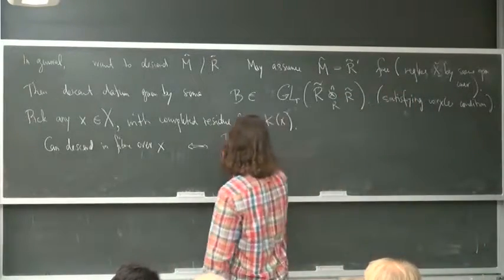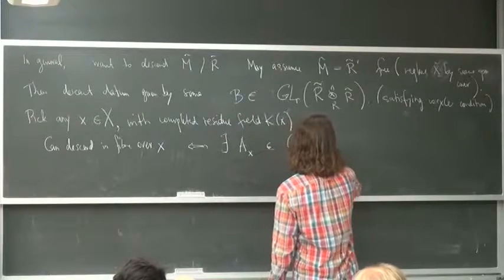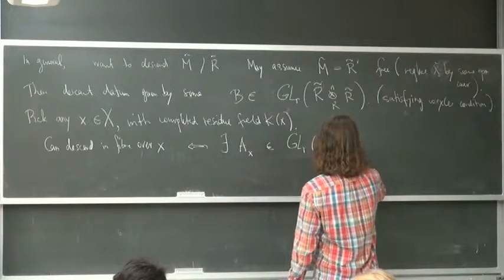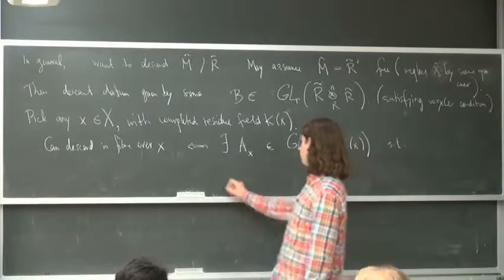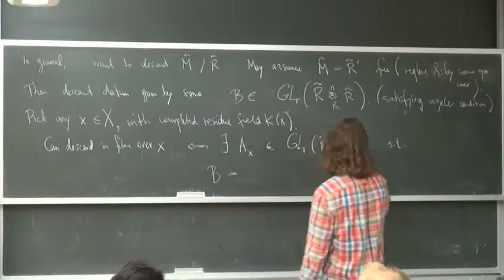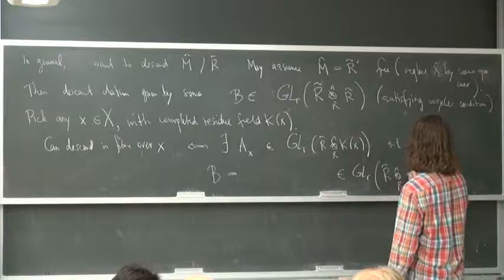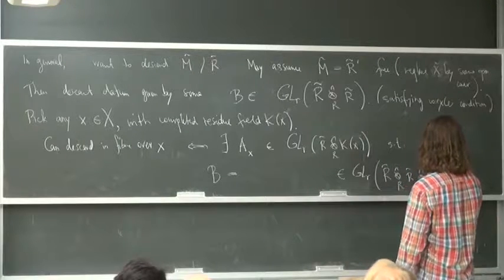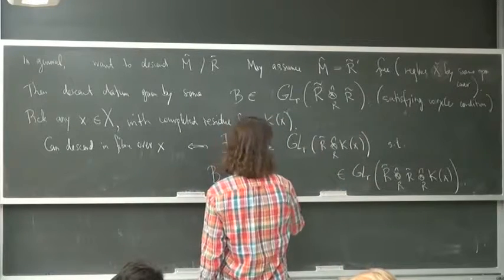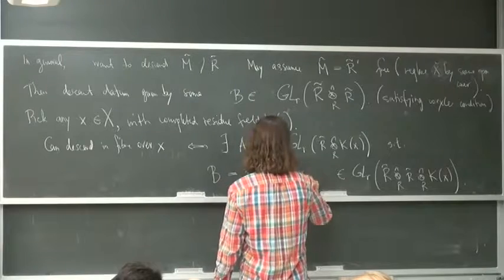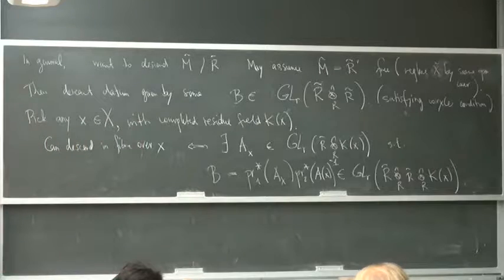So in other words, there exists A_x, a matrix over R at the fiber x, such that in the fiber over x, meaning in this completed tensor product with k of x, B is the first projection pullback of A_x times the second projection pullback of A_x inverse.